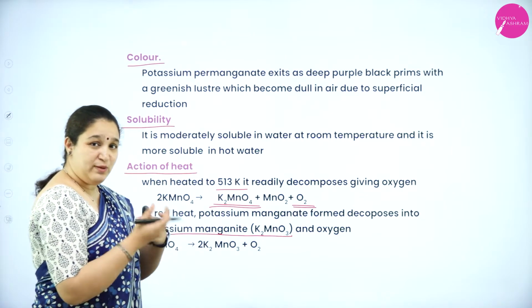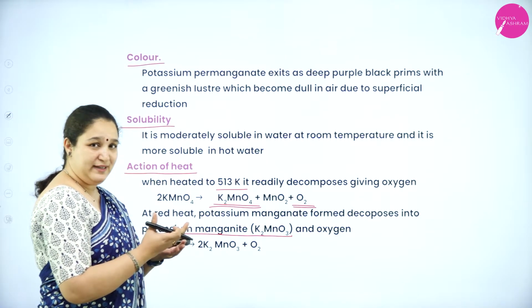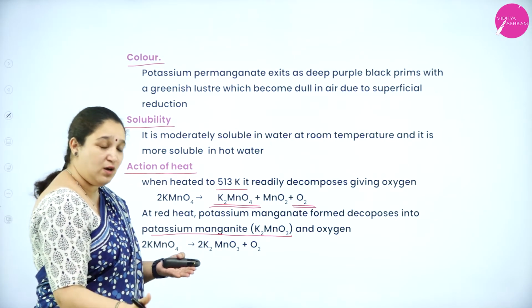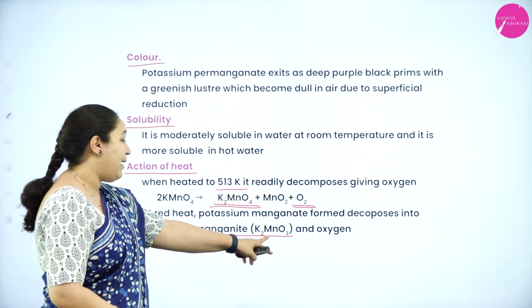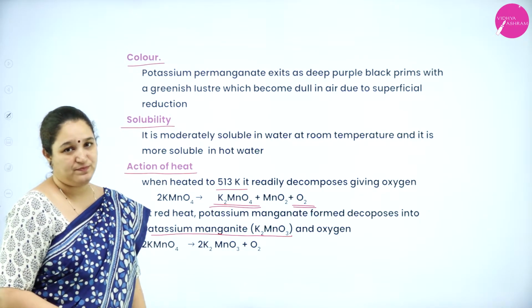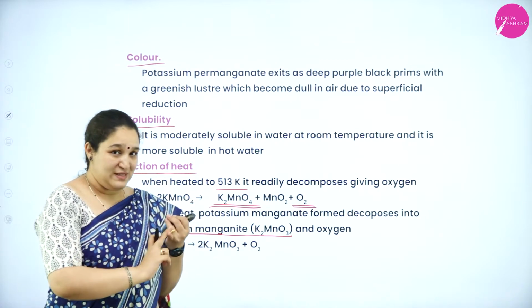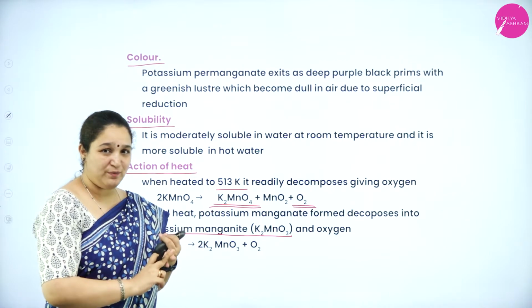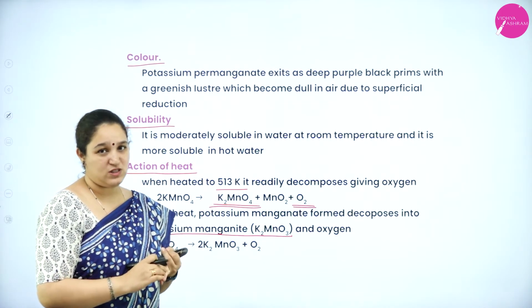So first you take potassium permanganate, you heat it, you get potassium manganate. Potassium manganate will further decompose to give potassium manganite, K2MnO3, and liberate oxygen gas. So once again, potassium permanganate you take, heat it, you get potassium manganate with oxygen.